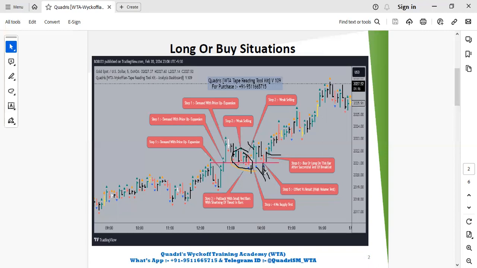So if this is supply, why are we getting this kind of widespread bar? Compared to this, the spread is wider with weak demand. That means there was hidden buying in the form of selling taking place over here.